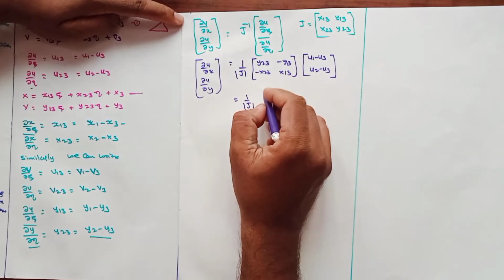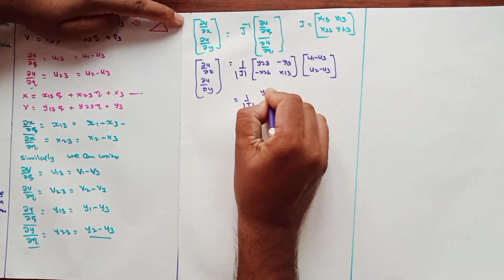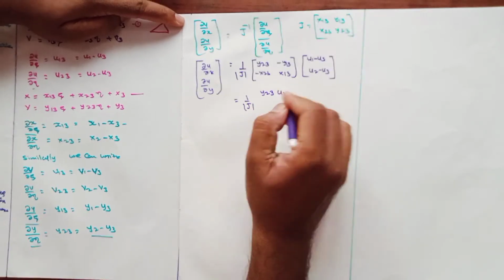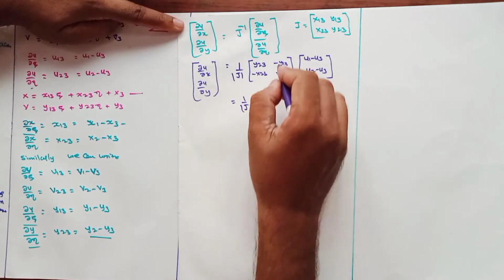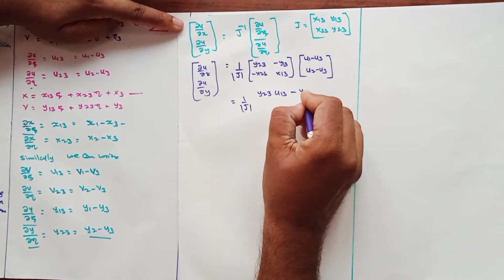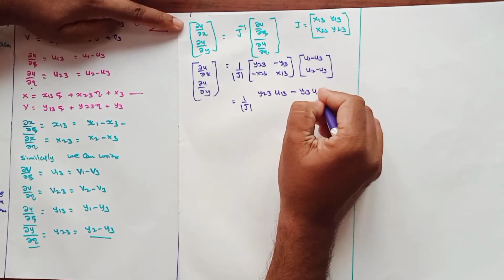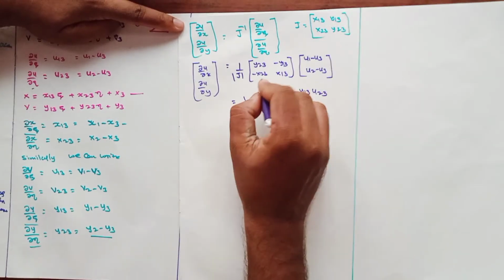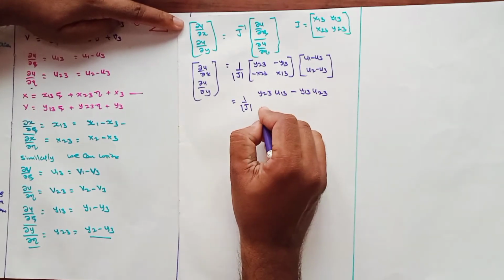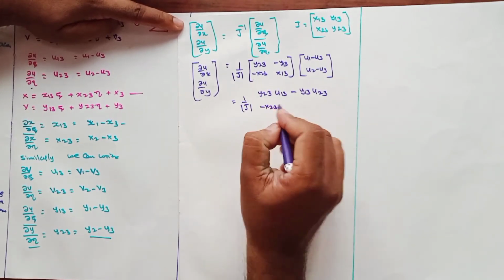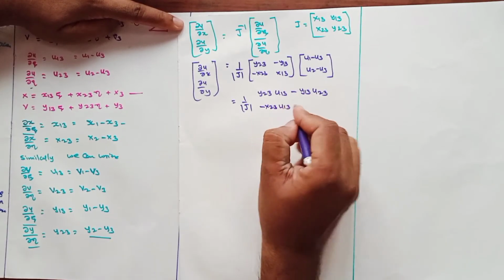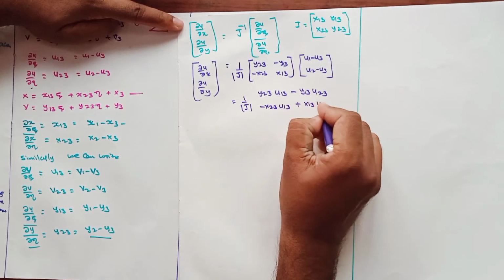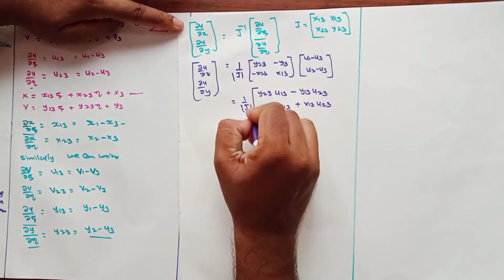So you are going to get y23, this row, into u13, and the next element would be minus y13 into u2 minus u3, which can be written as u23. Then the next row into this column gives minus x23 into u13. The next element would be plus x13 into u23. So this is very important.